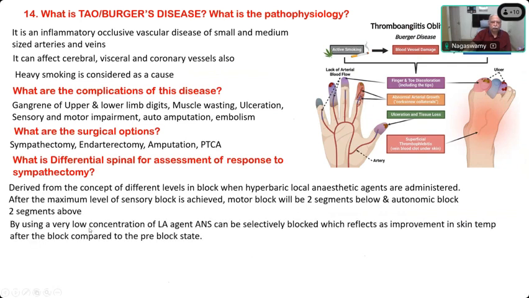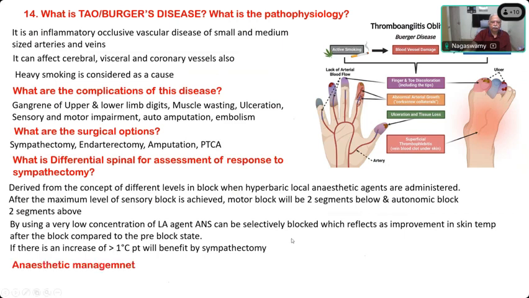So by using a very low concentration of LA agent, the autonomic system alone can be selectively blocked, which reflects as improvement in skin temperature after the block compared to the pre-block state. So if there is an increase of more than 1 degree centigrade of the skin before and after the block, the patient will definitely benefit by sympathectomy.